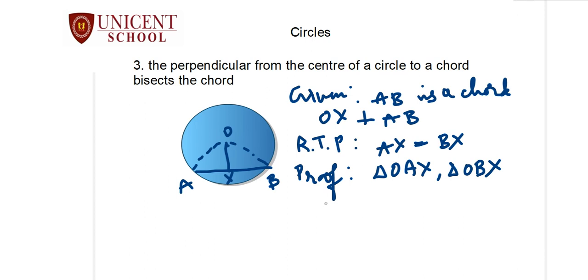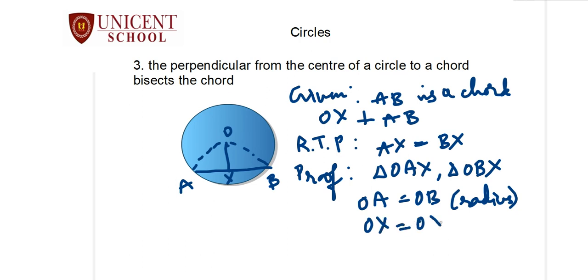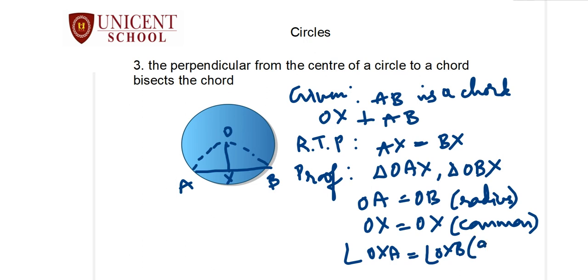When we compare these two triangles, OA is equal to OB, which forms the radius, and OX is equal to OX, which is the common side for both the triangles, and angle OXA is equal to angle OXB, which is 90 degrees.